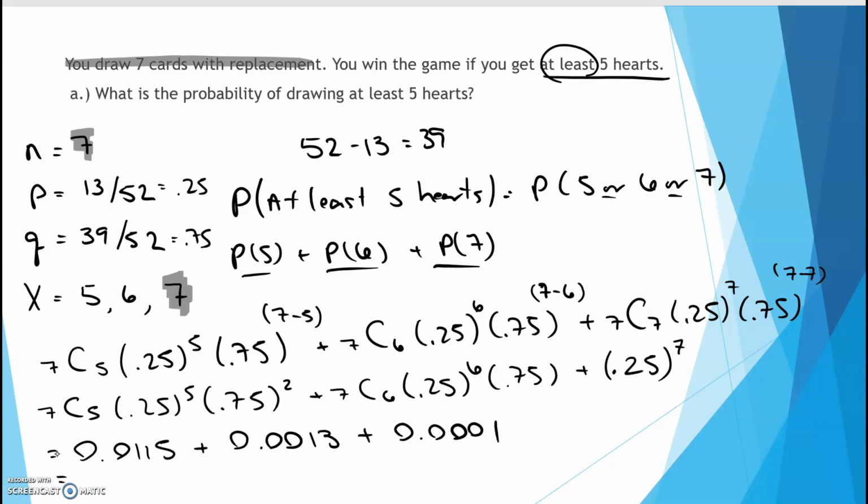Now when I add all of this up, my final answer is going to be 0.0129. So that's the probability that you'll win this game, or the probability of drawing at least 5 hearts. Now if you change this to a percentage, move this over twice, it's about a 1.3% chance.